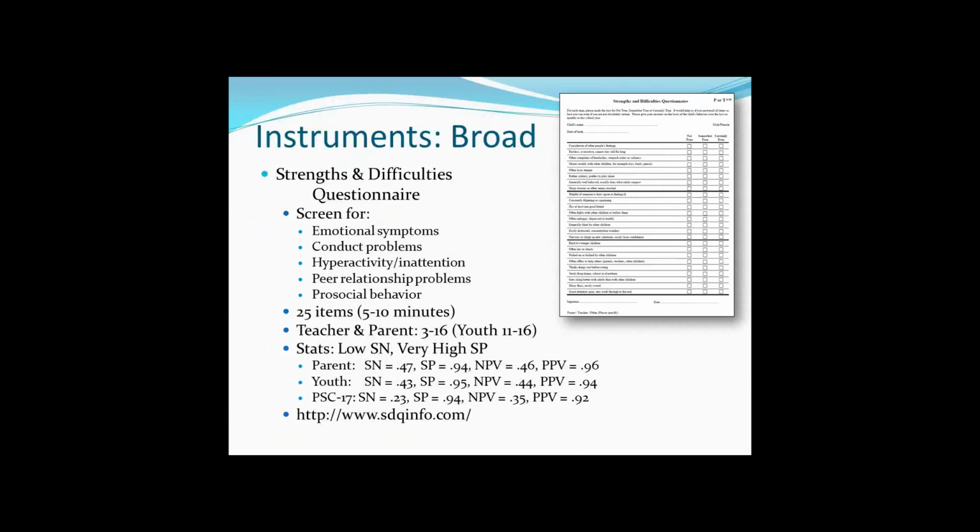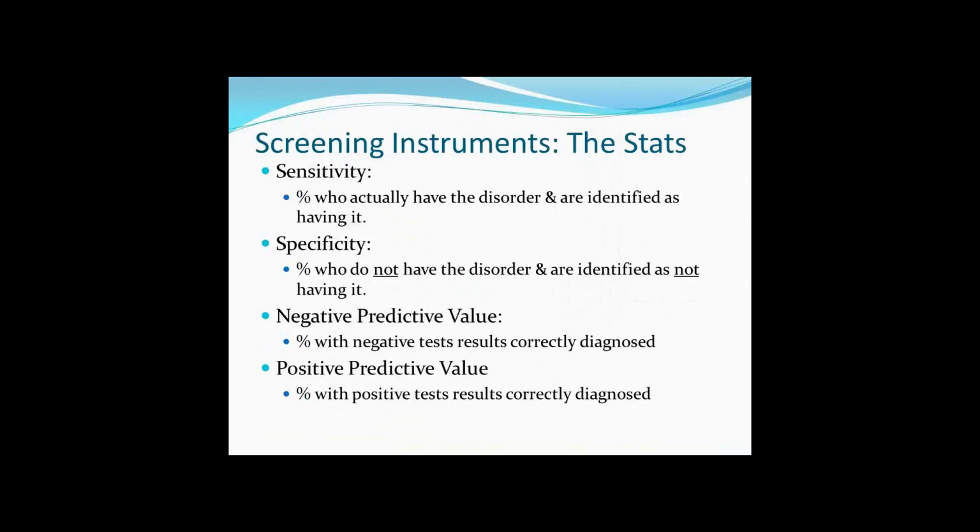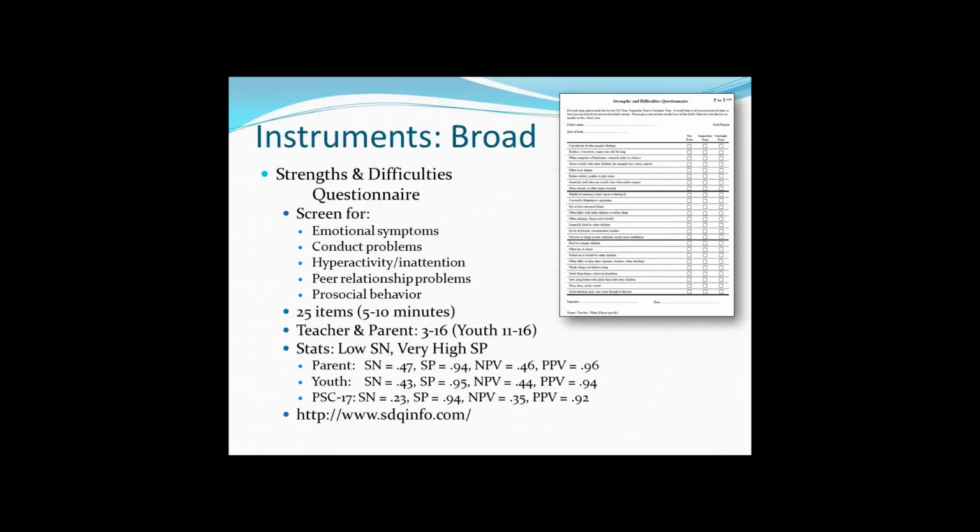If the teacher or parent is filling it out, you can use it down to age 3. Going back to the stats, it's not as sensitive, but it is specific. And that is, again, available at the website listed below.